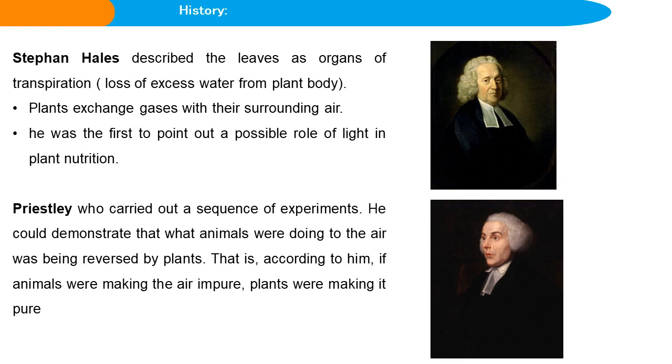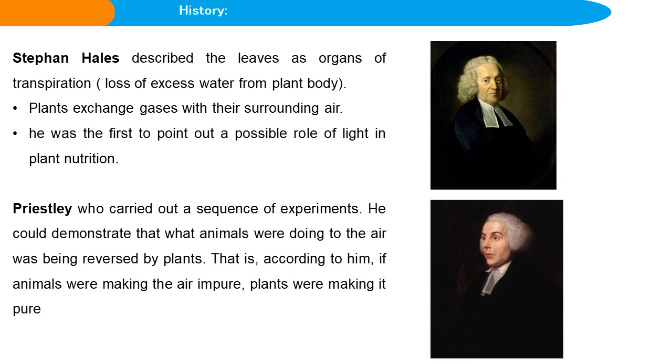So they utilize both gases, for respiration as well as for food making. He also pointed out the role of light in plant nutrition. That means he explained transpiration, gaseous exchange in plants, and how sunlight is important for photosynthesis.